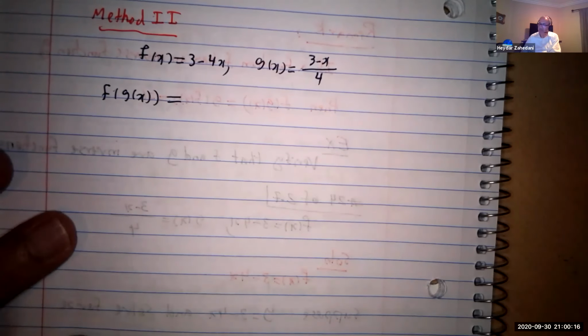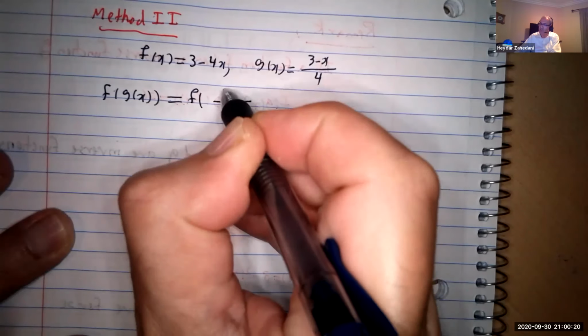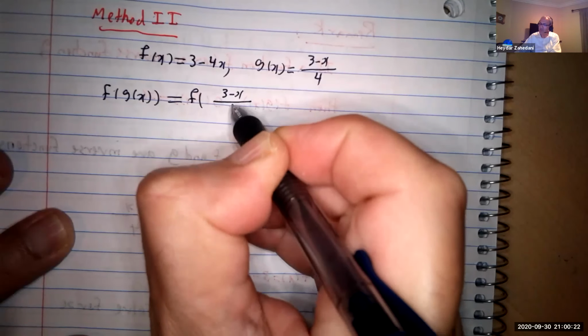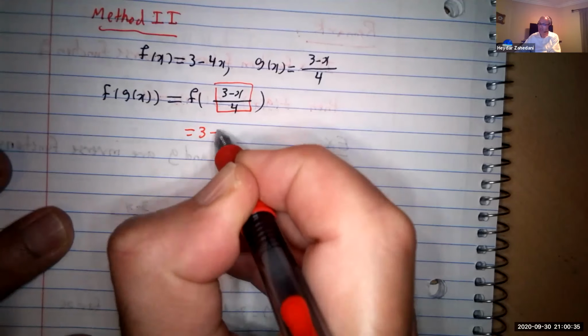Let's find f of g of x. Remember, bring the g. What is the g? 3 minus x over 4. Drop it into the box. What is the f? 3 minus 4 times the box.